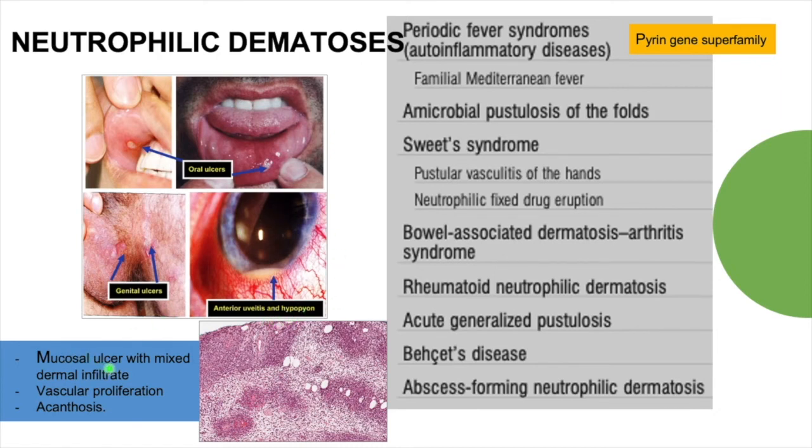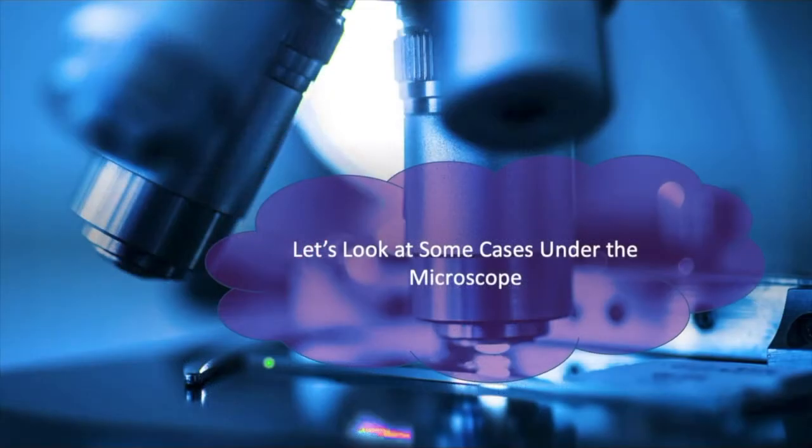So usually this disease has mucosal ulcer with mixed dermal infiltrate, vascular proliferation, and acanthosis on histology. So I'm done with the chapter, and then we'll discuss a few examples under the microscope.